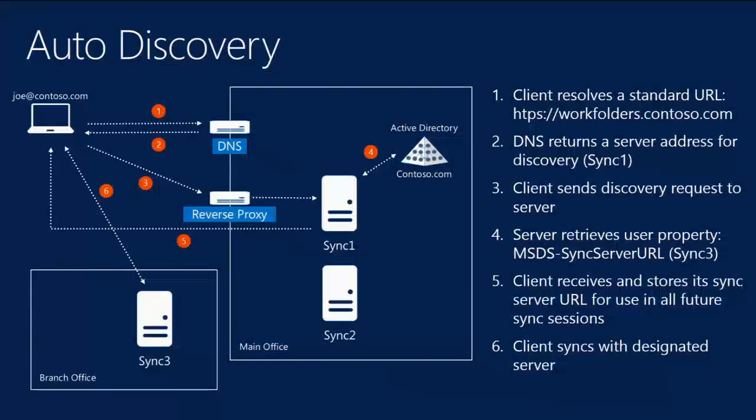The question is, what happens if the connection breaks between synchronization? So the first thing I want to point out is that we don't maintain a connection. Synchronization is asynchronous, short-lived sessions for the purpose of sending files that have changed on the client and getting any files that the server has that are new or changed down to the client. And then the sync session is terminated.